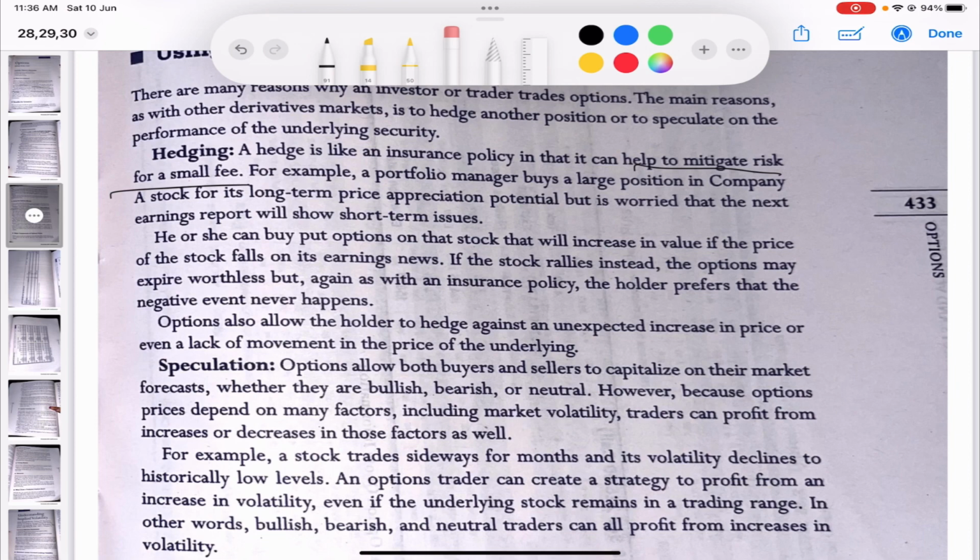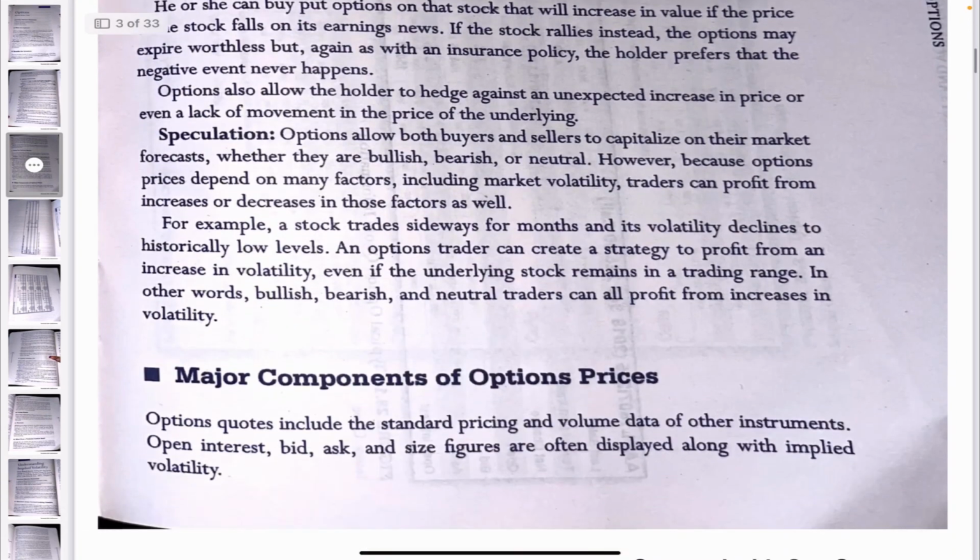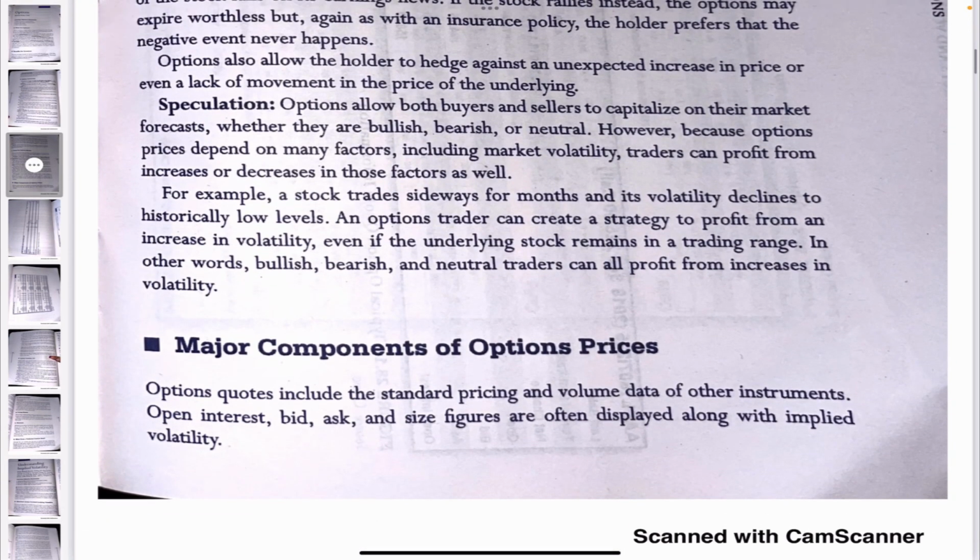If the stock rallies instead, the option may expire worthless. But see, it is just a medium to hedge your position, to protect yourself from the loss. So even if the loss happens, from the options you are still generating your money. That is hedging.